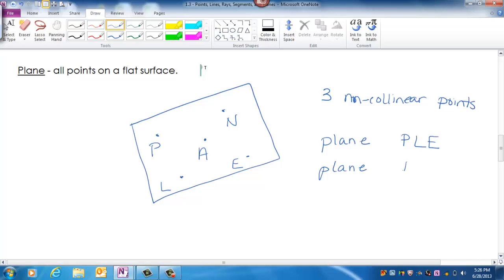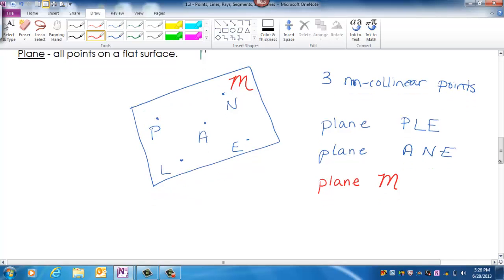Maybe plane A, N, and E. Just like with a line, where you could also use a lowercase cursive letter, sometimes you'll see a capital cursive letter, say like that. You could also call this then plane M, capital cursive letter.